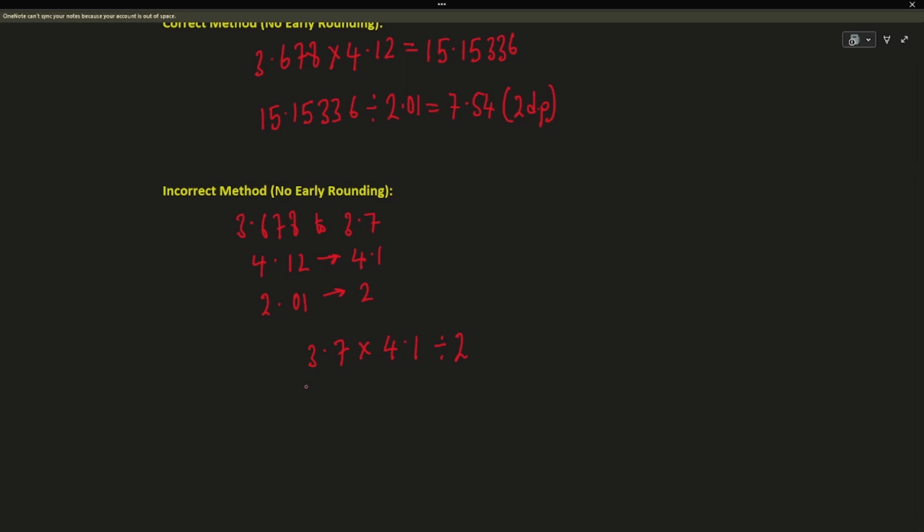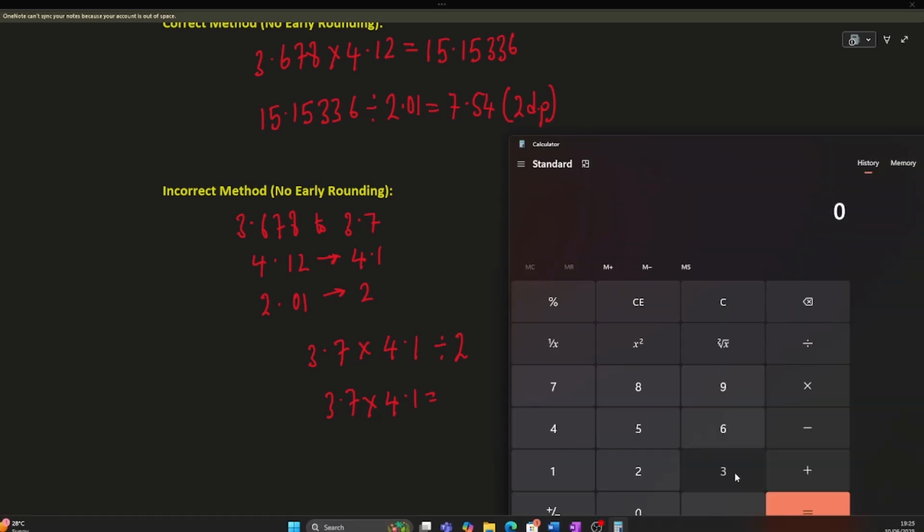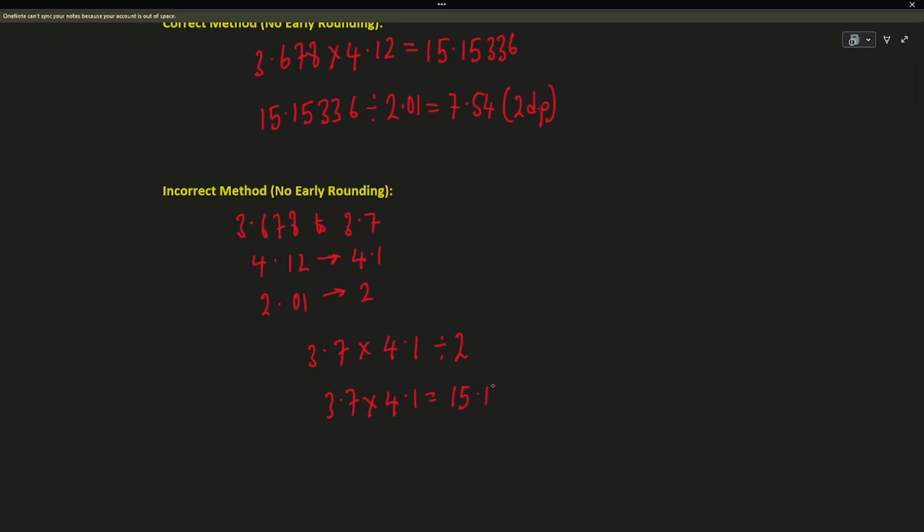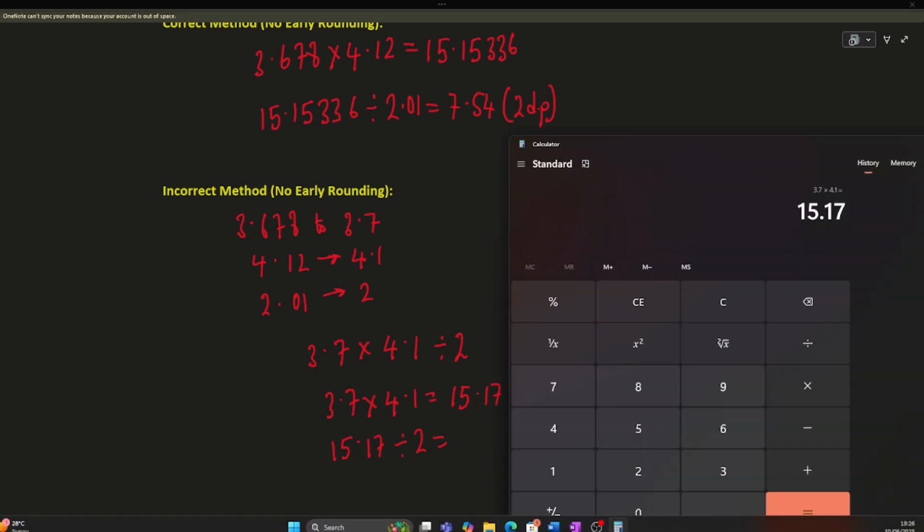Let's multiply 3.7 by 4.1. When you use your calculator, 3.7 multiplied by 4.1, you get 15.17. We now use 15.17 divided by 2. So we get 7.585.